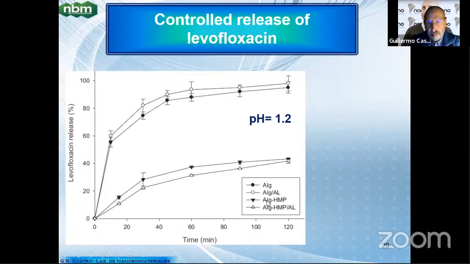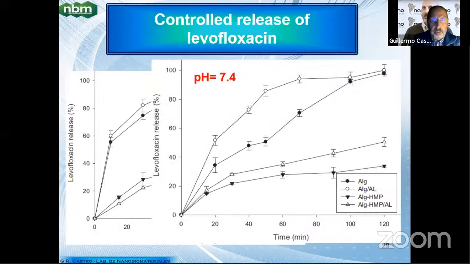As I mentioned before, by changing the ratio between the two polymers, alginate and pectin, and also with the presence of alginate lyase, which is an advantage because we can, in some ways, make the structure required by the characteristics of the patient.